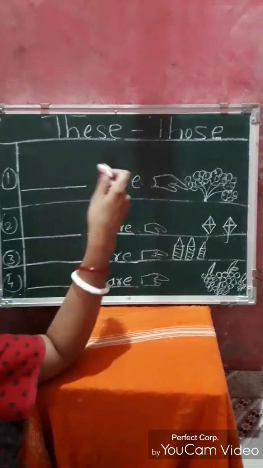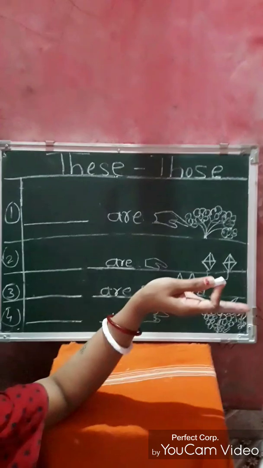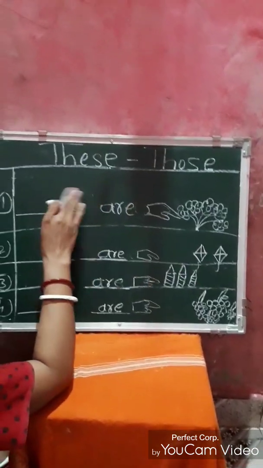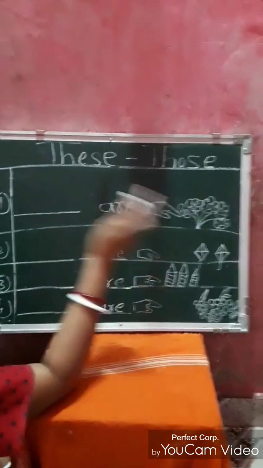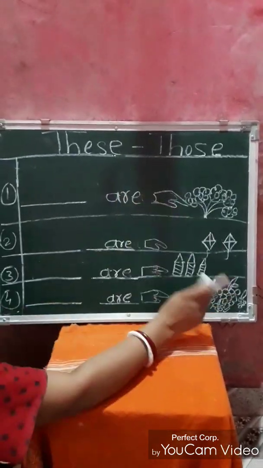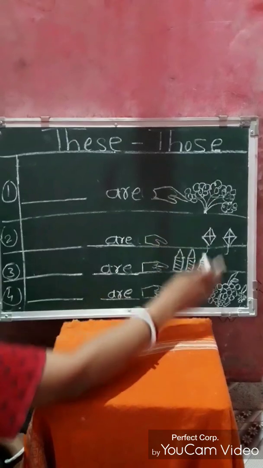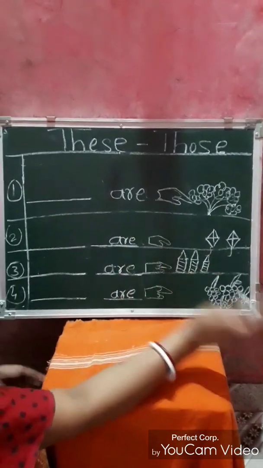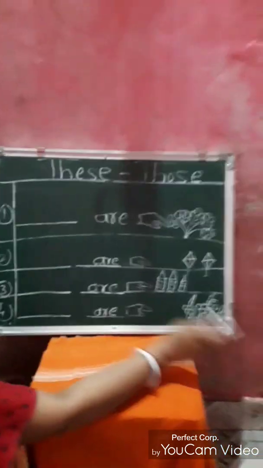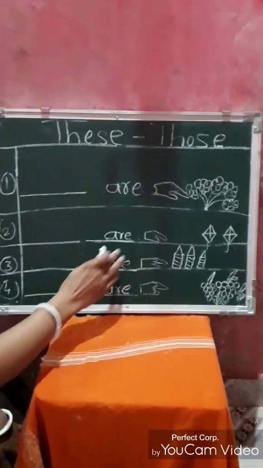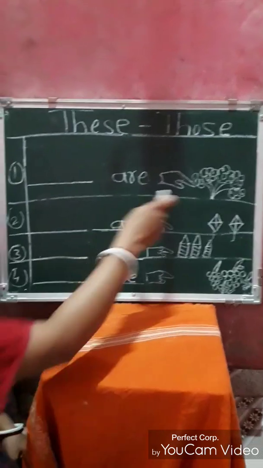These we use when we are talking about the things that are nearer to us, but the things are in plural number, means more than one. And those we use when we are talking about the things which are far away from us, but the things are in plural number.